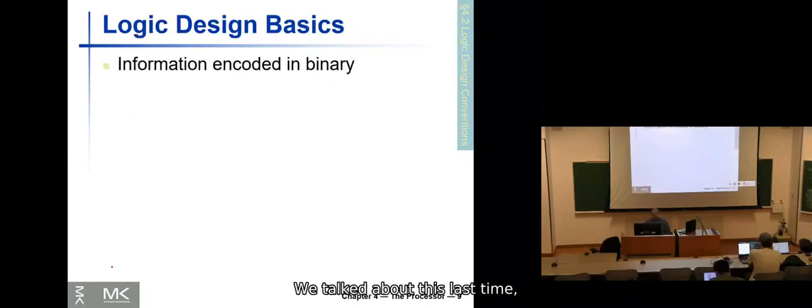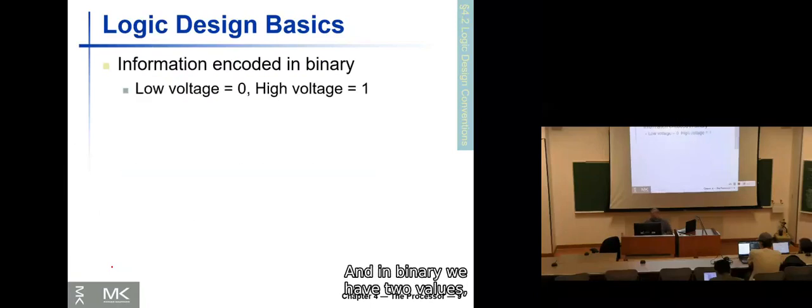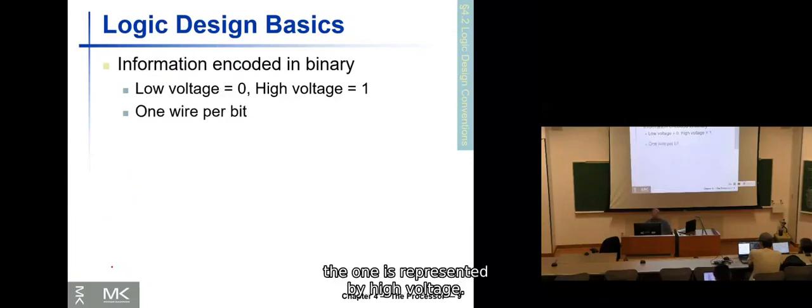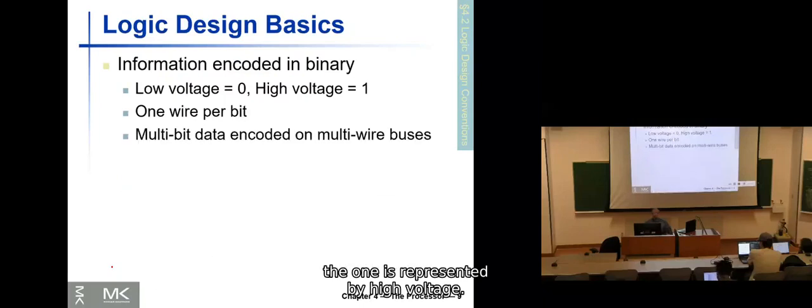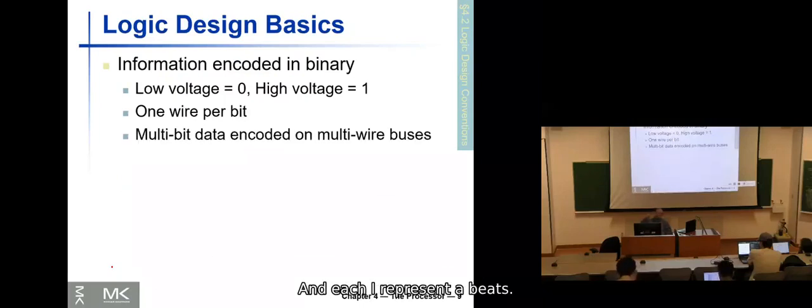We talked about this last time, but let's see it. All the information is in binary, and in binary we have two values, 0 and 1. Then 0 is represented by low voltage, 1 is represented by high voltage, and each wire represents a bit.